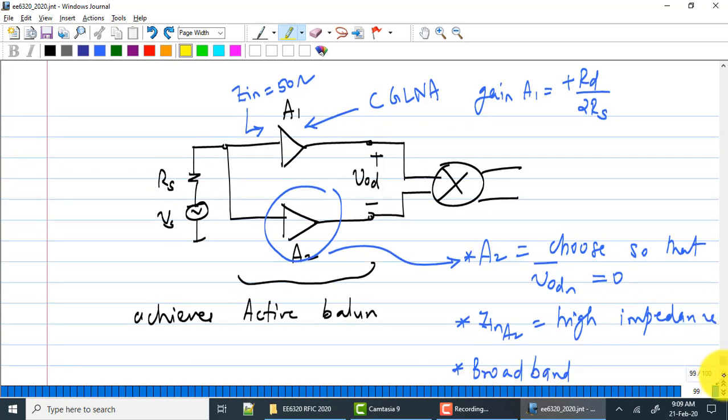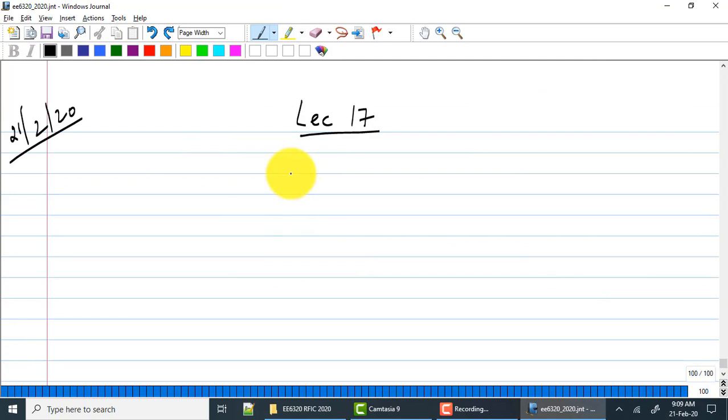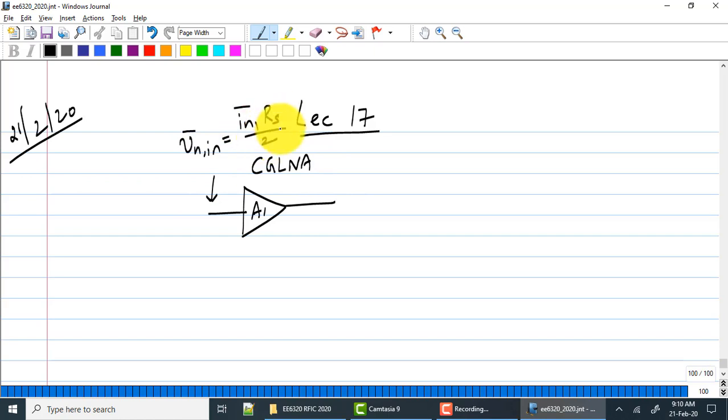So let us quickly write down what we have here. We have your common gate LNA. Okay. Vn in is In1 Rs by 2. Vn out is minus In1 RD by 2.